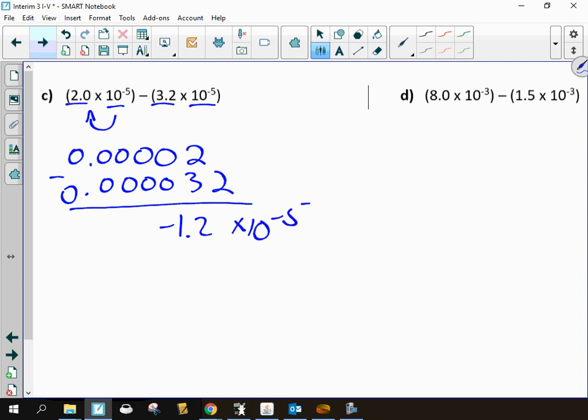So just subtract these parts, but only if these two pieces are the same. So we can do the same trick here. This will be 8 minus 6.5 is 1.5 times 10 to the negative 3rd.